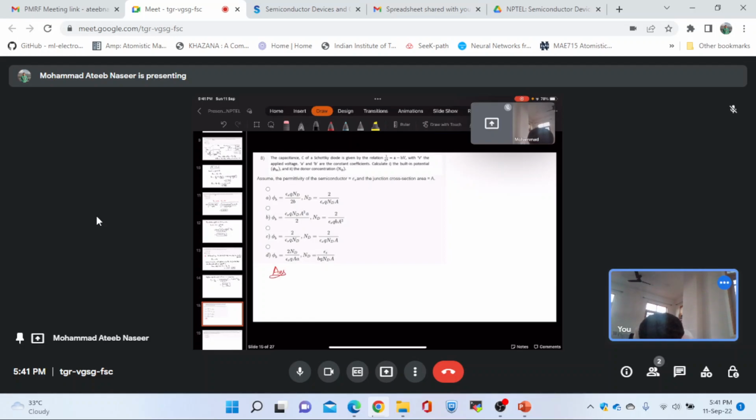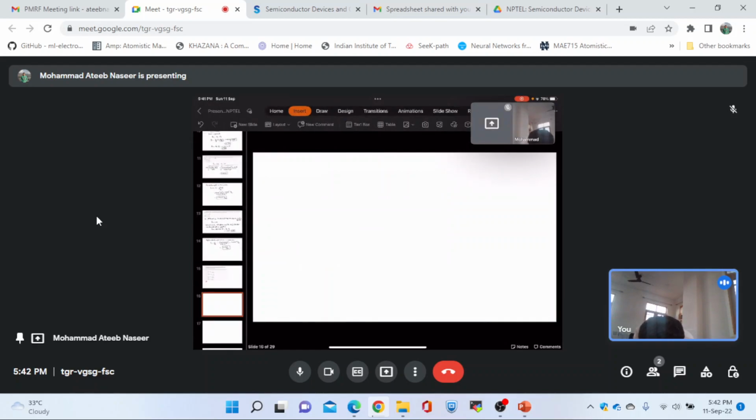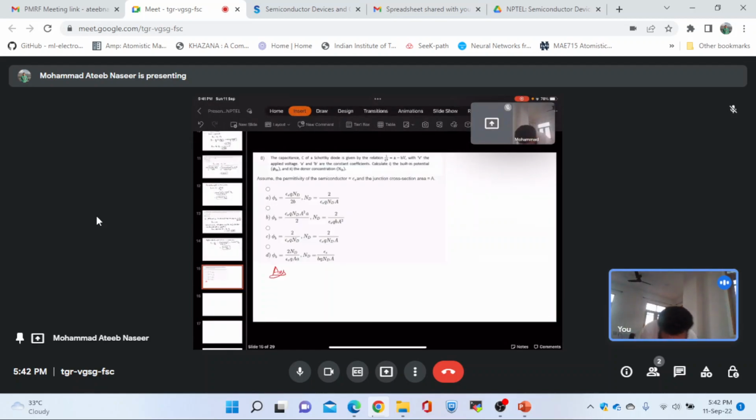Let us use black pencil and insert some slides, one or two. So if I write down the depletion width expression, xt will simply be given by 2 times epsilon s phi bi minus the applied voltage V divided by the q times electronic charge times the doping.